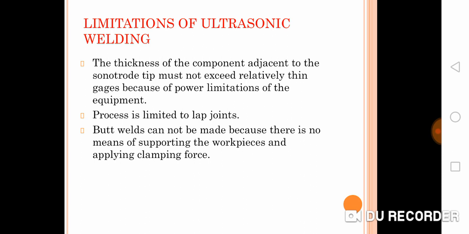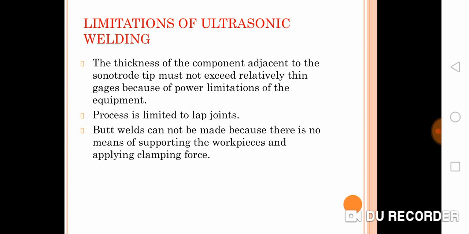So now some limitations. The thickness of the component should not exceed beyond a certain level. Then the process is limited to lap joints. That is one of the important limitations.